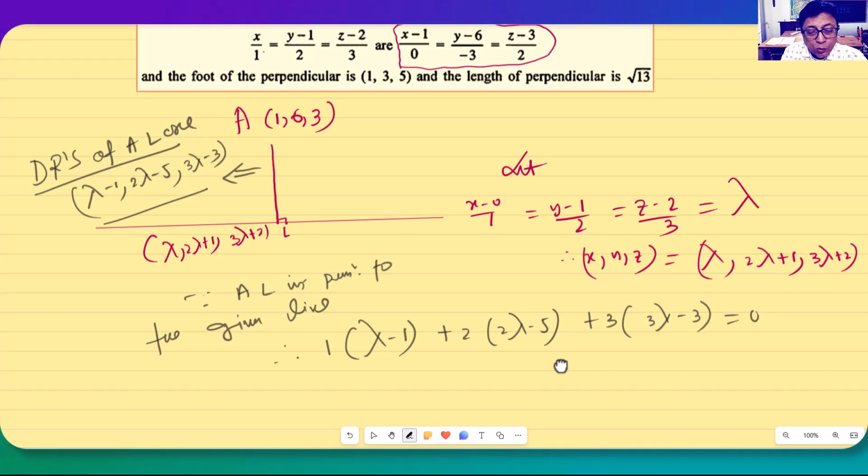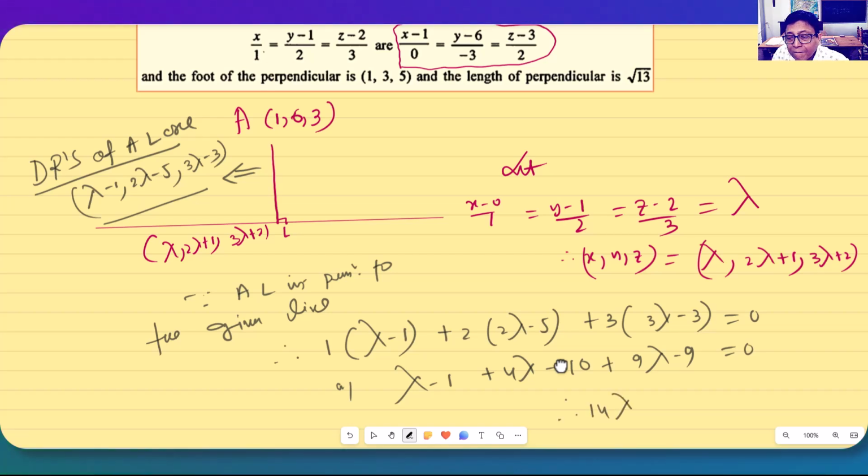Clear? Or lambda minus 1 plus 4 lambda minus 10 plus 9 lambda minus 9, therefore 14 lambda equal to 14. So lambda is going to be what? Lambda equal to 14 by 14, that is 1.